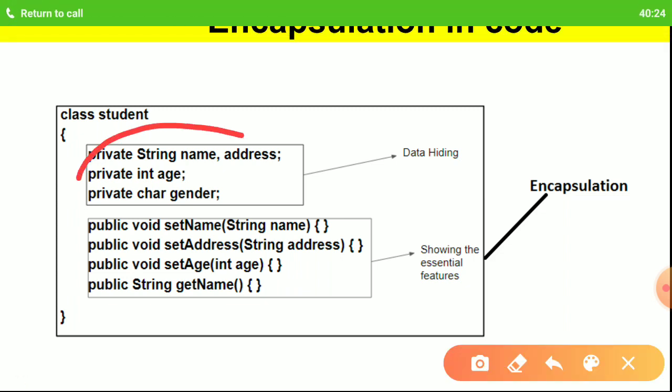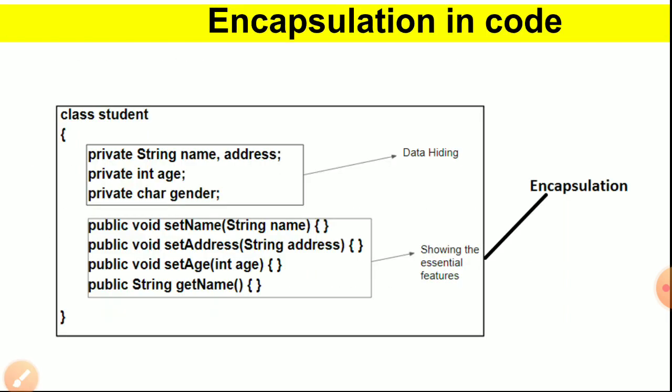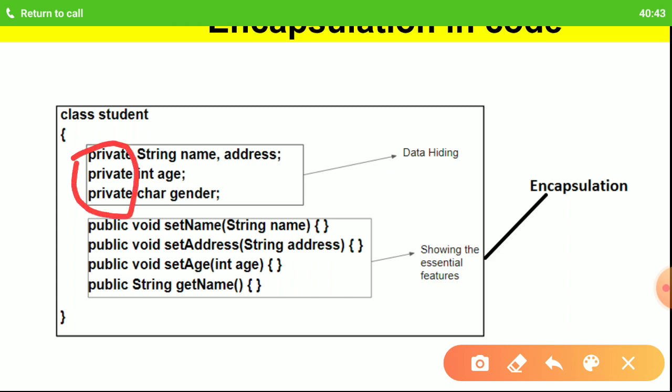So these variables are protected from any unauthorized access. And how is that being achieved? That is being achieved through the keyword private. Private is an access specifier. Don't worry, I'll not explain it in detail now, but for now it is sufficient for you to just know the technical term.